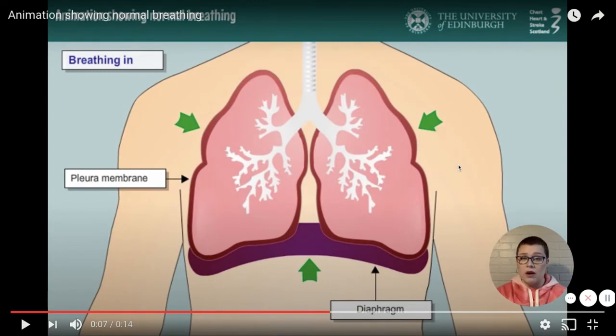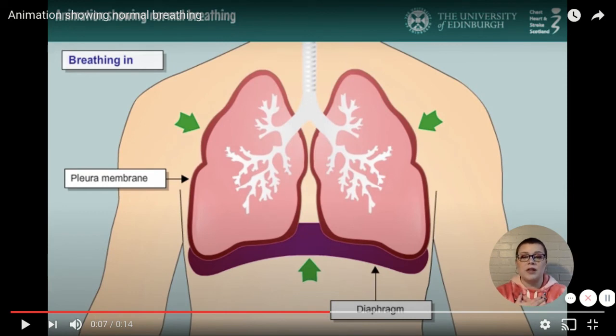That's really all expiration is. It's the exact opposite of inspiration. Your intercostal muscles relax and move back in, your diaphragm relaxes and comes back up, and your sternum comes back down. Again, that changes the volume of the lungs, which changes the pressure, which allows us to have a breath in or breath out.